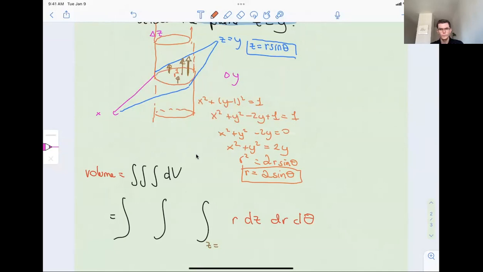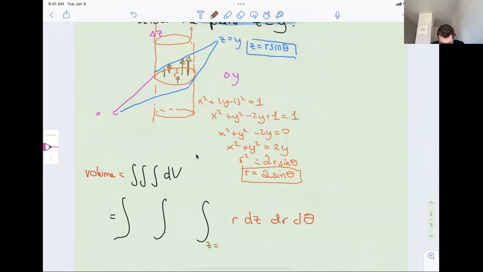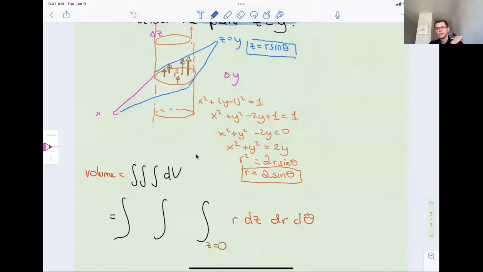So here you put z equals 0. Is that making sense? And where do the arrows end? Yeah, they end at the equation of the blue plane. So they end on z equals r sine of theta.